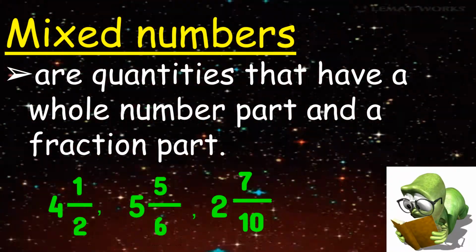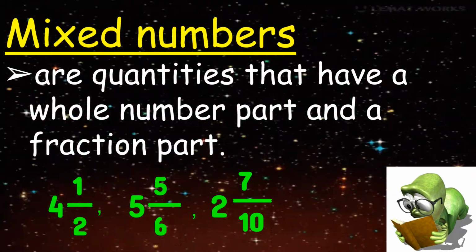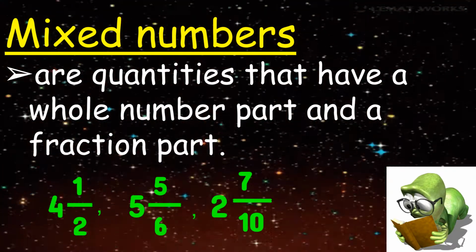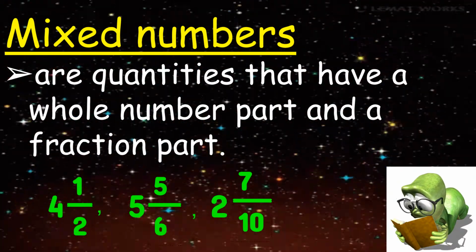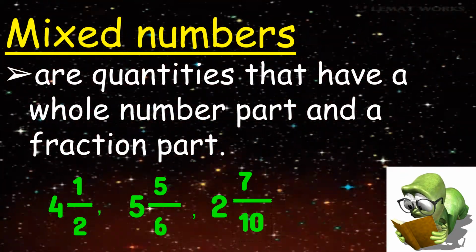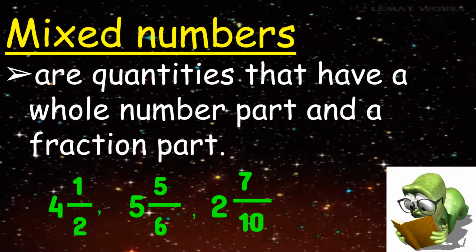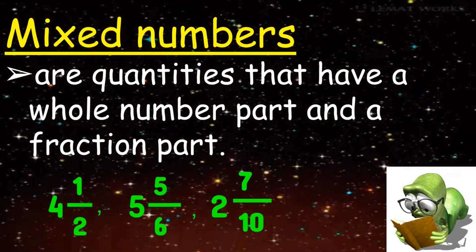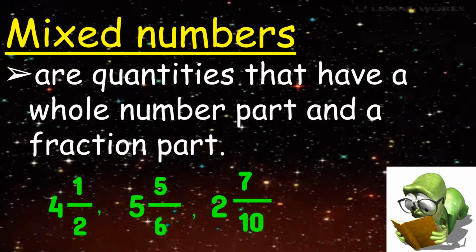Next is mixed numbers. Mixed numbers are quantities which have a whole number part and a fraction part. Examples, we have 4 and 1 over 2, 5 and 5 over 6, and 2 and 7 over 10. All of them have whole numbers and also fraction parts.